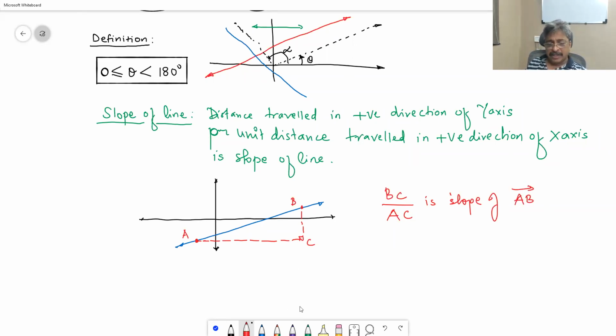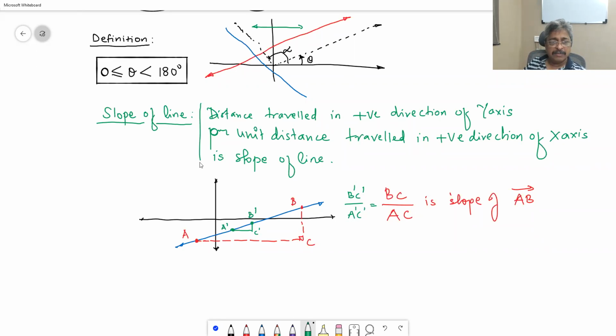Now, similarity is going to help us. Suppose we start from this point and go to this point. Will the slope continue to remain same? A dash, B dash, C dash. Yes, slope of the line is going to be fixed. B dash C dash upon A dash C dash.